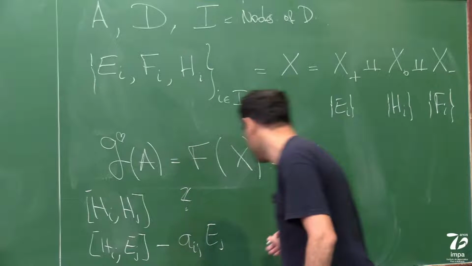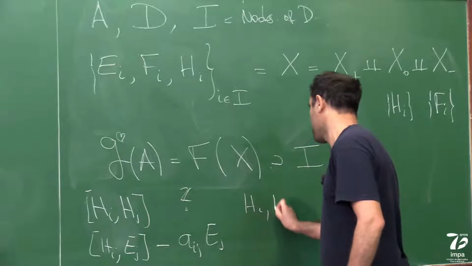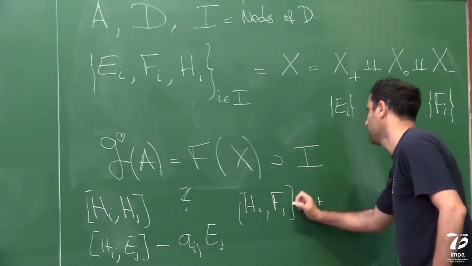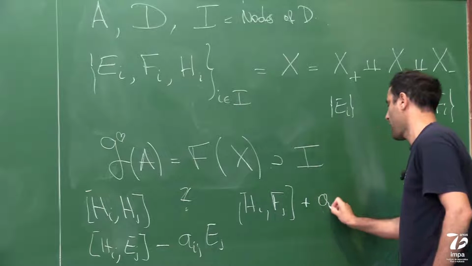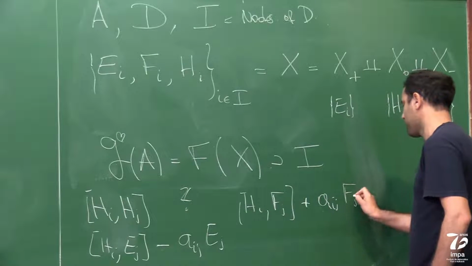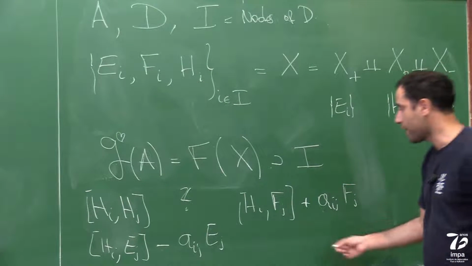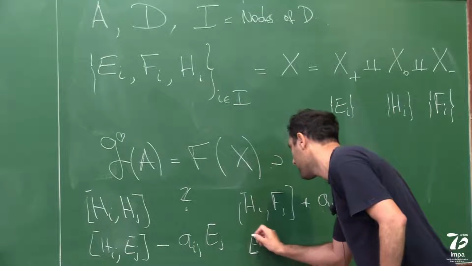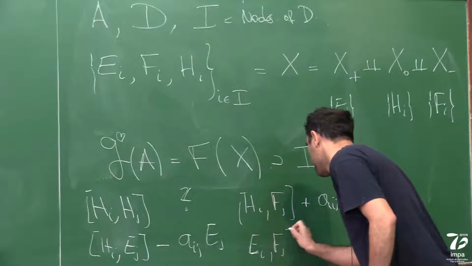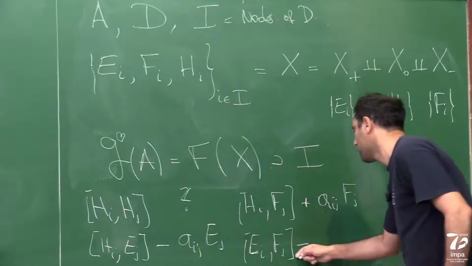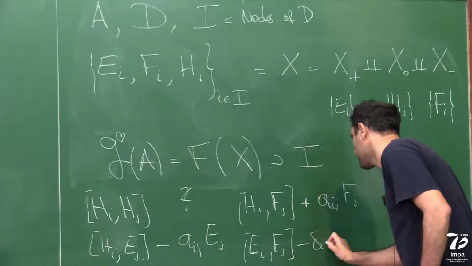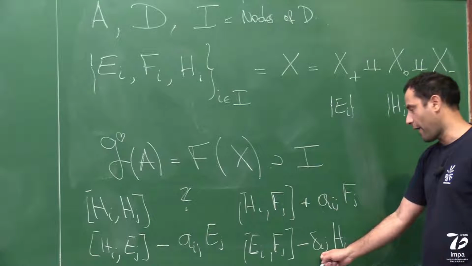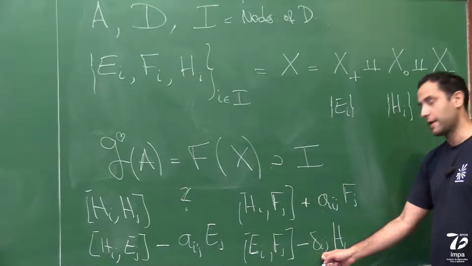And I'm going to declare that H_i bracket F_j plus a_ij F_j is also going to be in the ideal. And finally, I'm going to declare that E_i bracket F_j is equal to delta_ij H_i. So this delta is 1 if i is equal to j, and 0 if i is different than j.